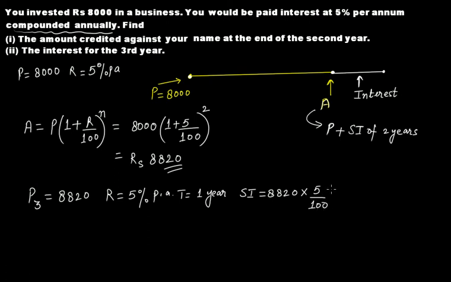P multiplied by R multiplied by T. And when you solve it, you will get rupees 441. So this is the interest for the third year, and this amount is credited against your name for the period of 2 years.